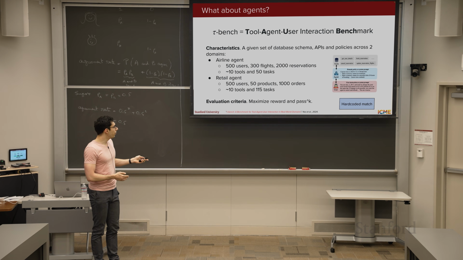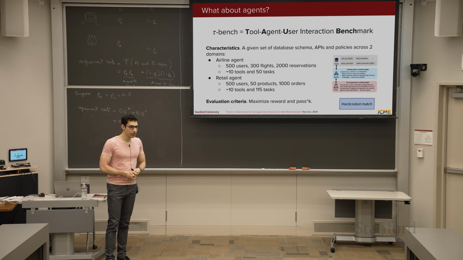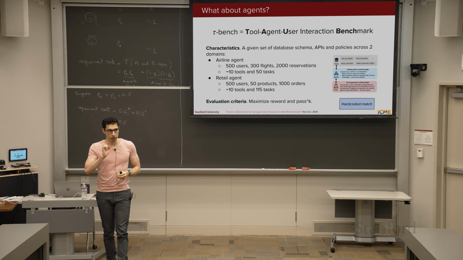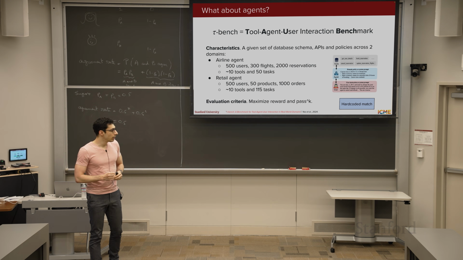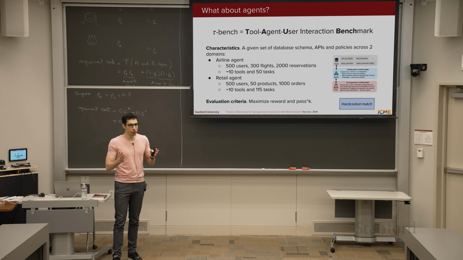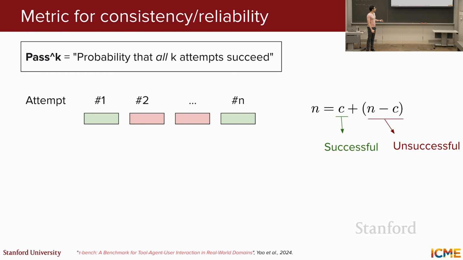And the paper that introduces this benchmark talks about a concept that is a funny wordplay with respect to the metric that we had talked about at the last lecture. We had introduced pass at k, and then this paper talks about pass hat k, which is the probability that all k attempts succeed. And why is that a relevant metric here?